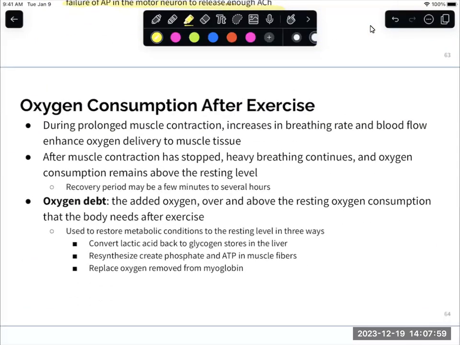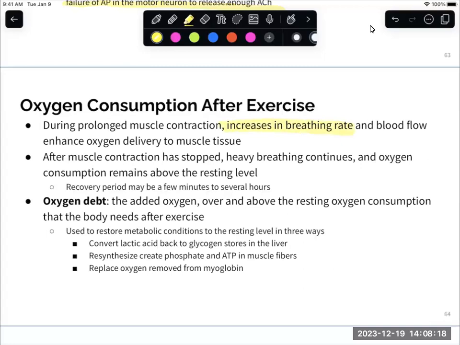Oxygen consumption after exercise. So after you're done exercising, if you've ever run across a parking lot or something, and after you finish, you still have that increased breathing rate after you have finished running.